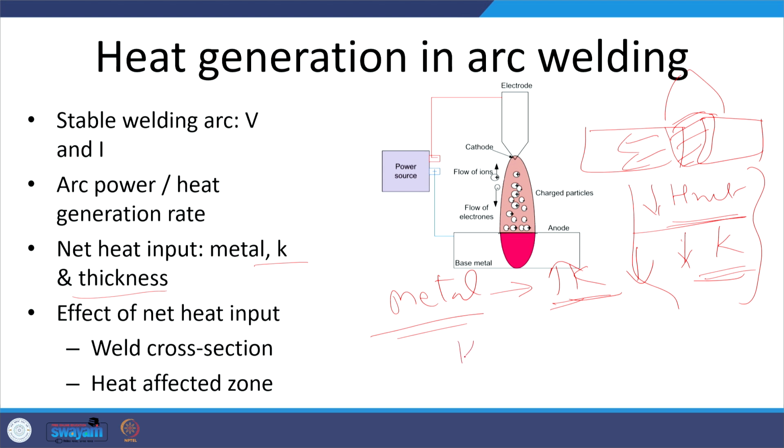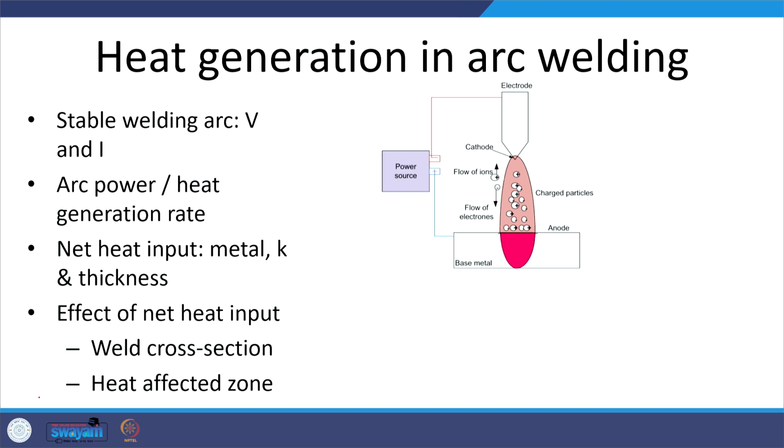Likewise, less net heat input is required especially when we are handling thin sheets, because it does not require much heat for melting the faying surfaces. Okay. So, basically the thermal conductivity of the metal and the thickness of the section are the two very important parameters that dictate the net amount of heat.